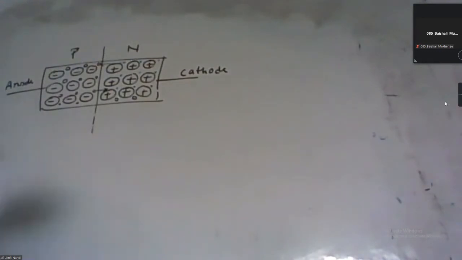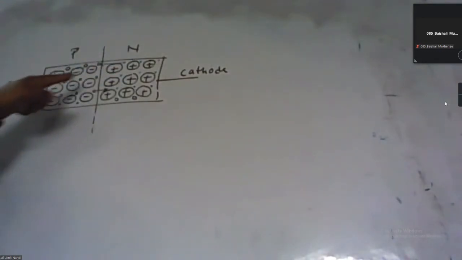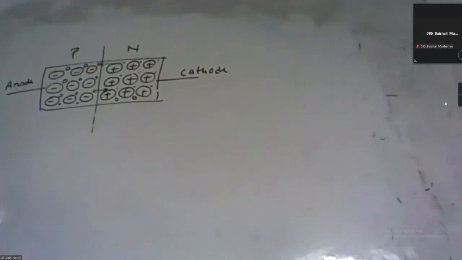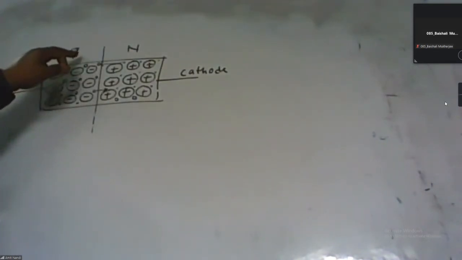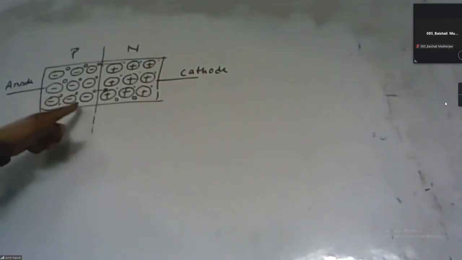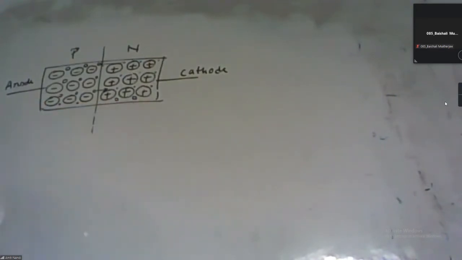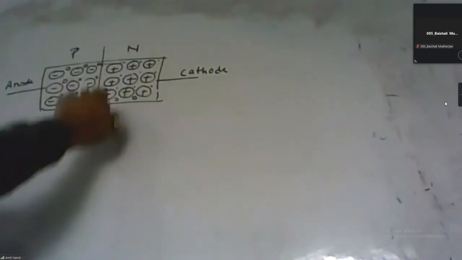So here, due to the change in concentration gradient, the electron will move from the n-type side to the p-type side, and the hole will move from the p-type side to the n-type side. But at the same time, recombination will also occur. Due to the recombination process, a region is formed near the junction, called the PN junction.